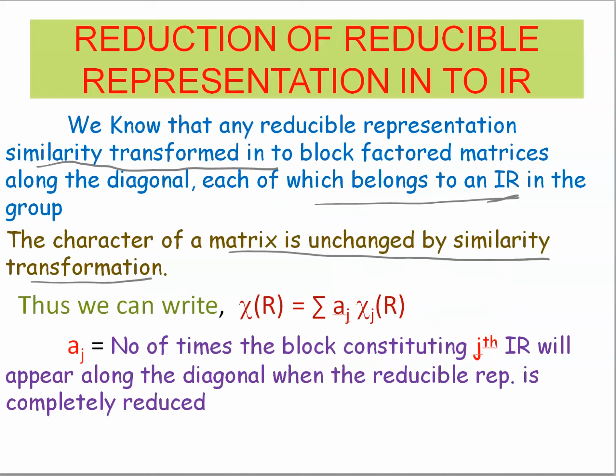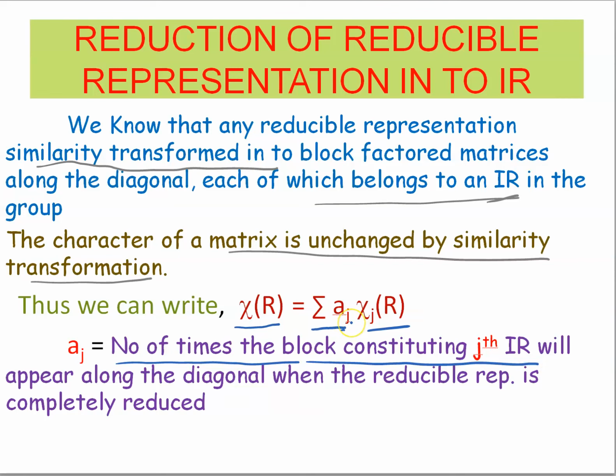That is, we can write chi R is equal to sigma a_j chi_j R. I am using j or i, anything we can use. That is, the character of the reducible representation is equal to the sum of the characters of the irreducible representations. Simple. Here a_j is the number of times the block constituting the jth IR will appear, the number of times the jth IR is present.